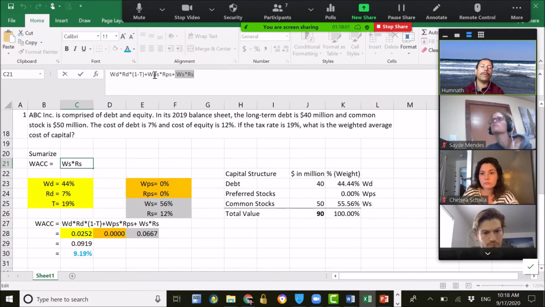Preferred stock, I already explained in your previous class. It's basically a hybrid security. It has the characteristics of bonds and common equity. It's a hybrid security because it promises to pay a fixed dividend, since it's a negotiated contract between the investors and the company.